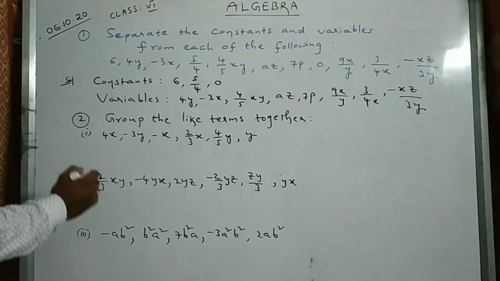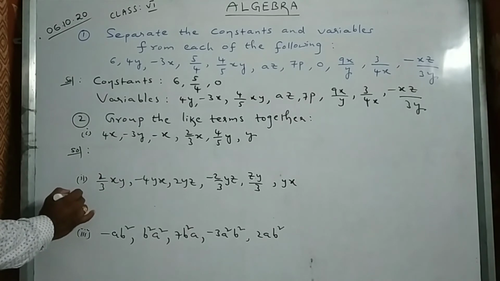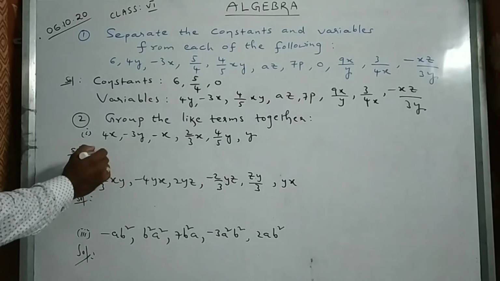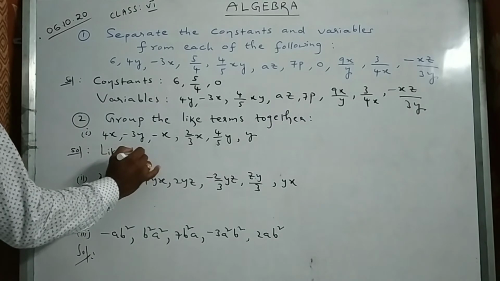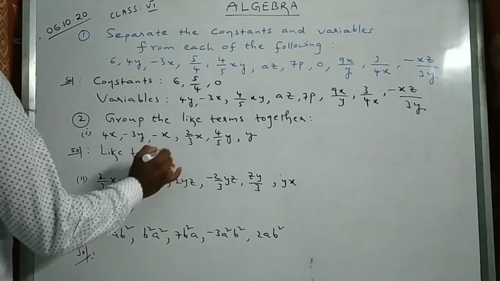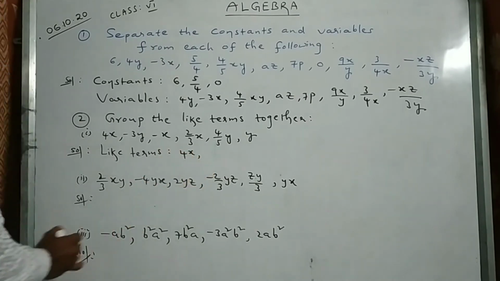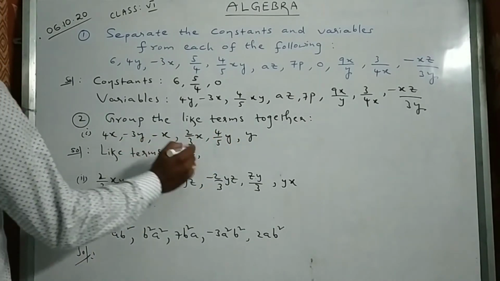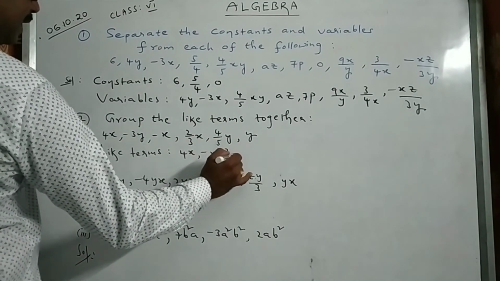So I just say here what are the like terms, and the question says group the like terms together. So like terms I will group together. 4x. For 4x, what is the like term? X terms you see here. Minus x is there. Here 2 by 3 x is there.